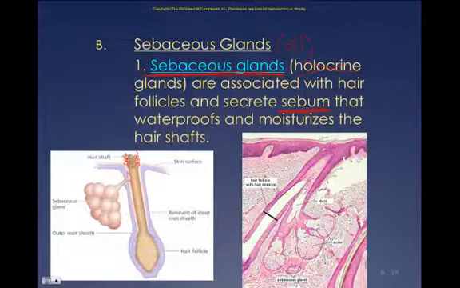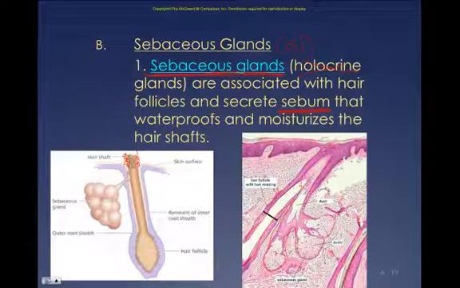So this is kind of cool. This is actually showing you a cross section. You can see here's the hair follicle right here, and it's actually missing the hair inside the hair follicle, but that would have been the hair inside the hair follicle. And right next to this, you're going to see right here, this is your sebaceous gland.